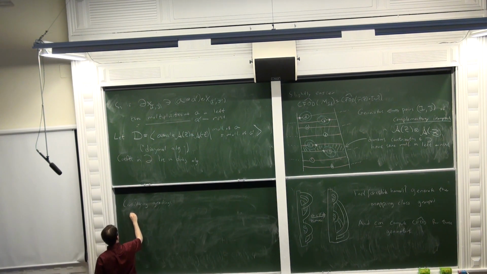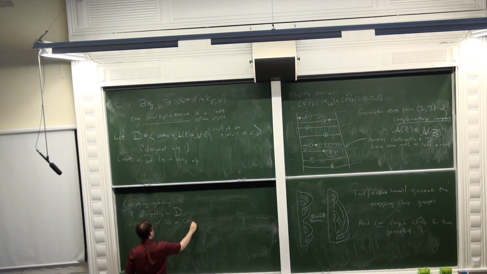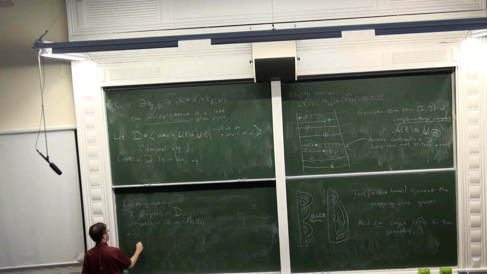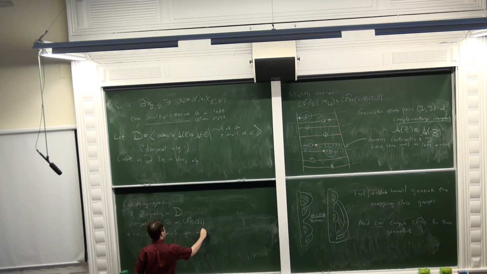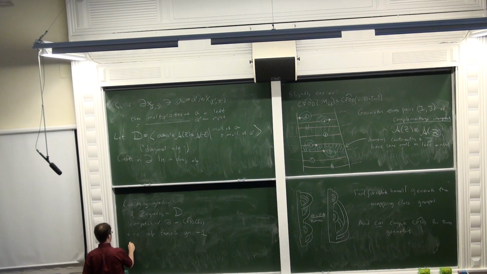Consider the gradings. Well, there's a Z grading on this diagonal algebra which is compatible with the differential on CFD of it, and such that the only terms in grading -1 have the form A of rho tensor A prime rho, where rho is a single chord.